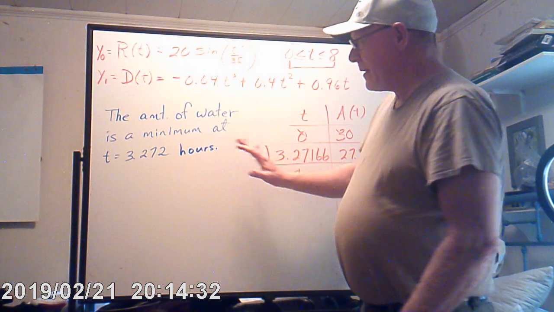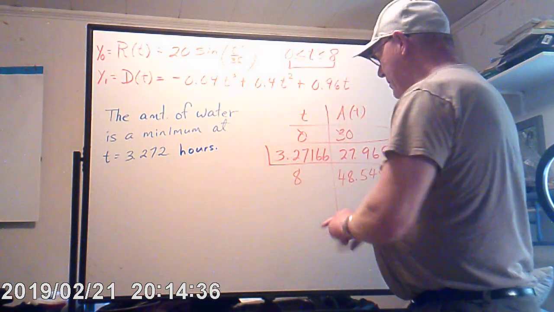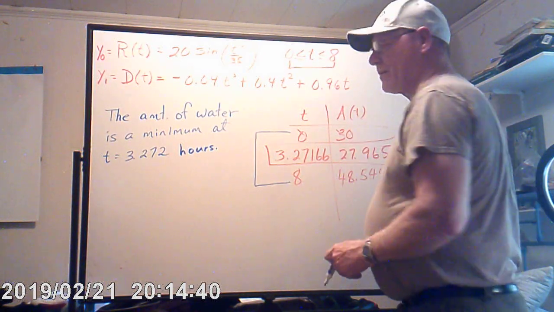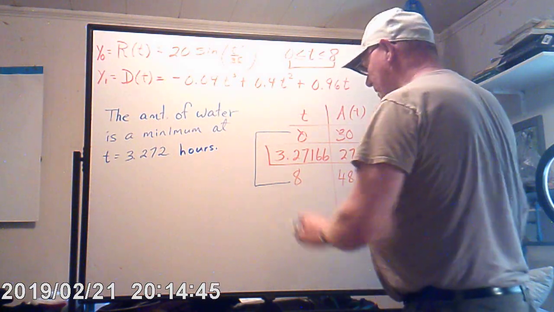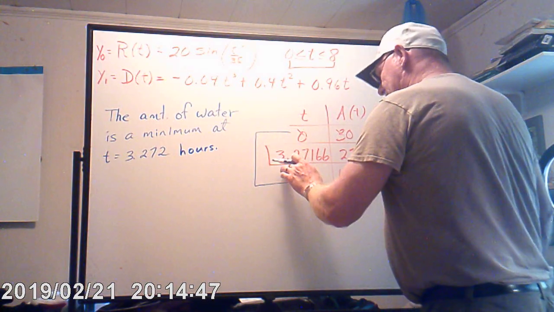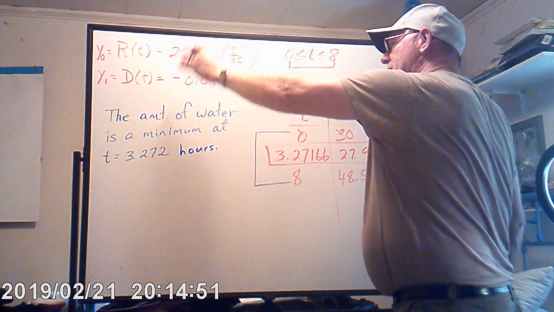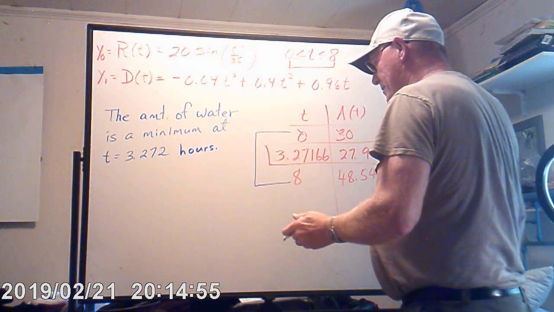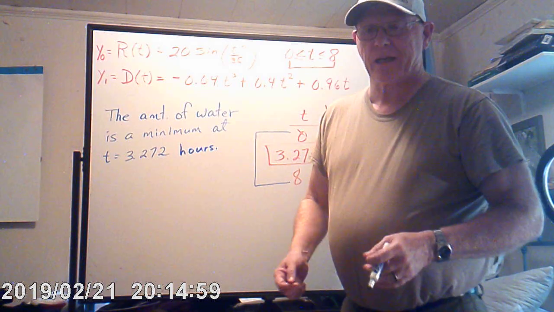Basically you would like to remember that when you're dealing with a maximum and a minimum, you're looking for the absolute max and absolute minimum. So you've got to find that. You need your critical point, that is when R at T is equal to D at T. And then you have the two graphs and you see where they intersect.